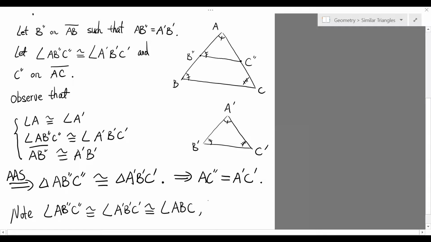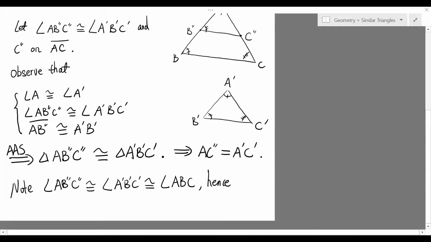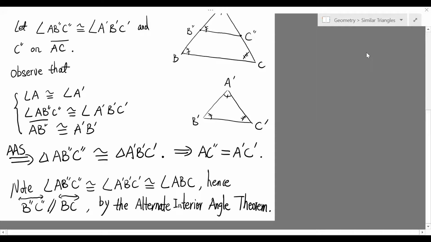Hence, we must have the line B double prime C double prime parallel to the line BC by the alternate interior angle theorem.